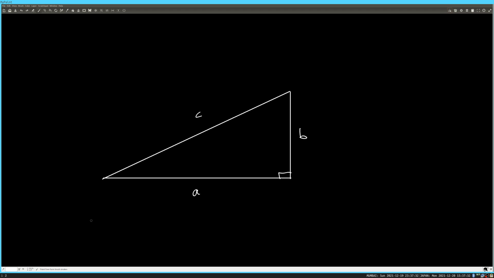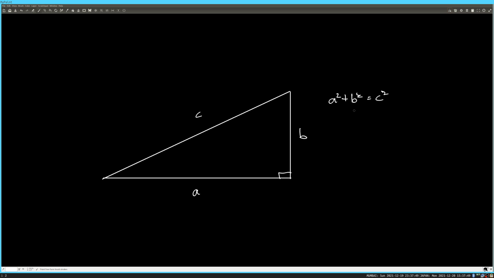So what you would do is there would be a list of these, called Pythagorean triples. Most people learn that if you have a right triangle with side lengths a, b, and c, then it is true that a squared plus b squared equals c squared.